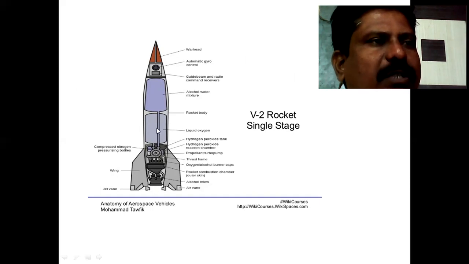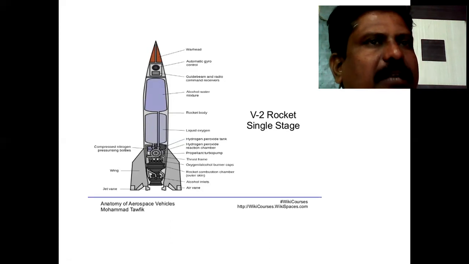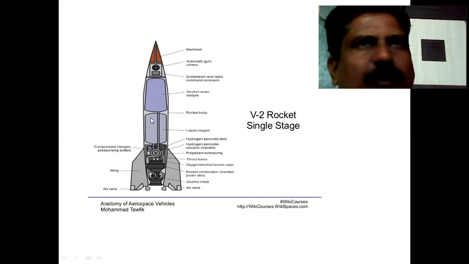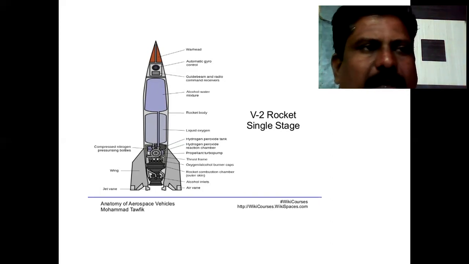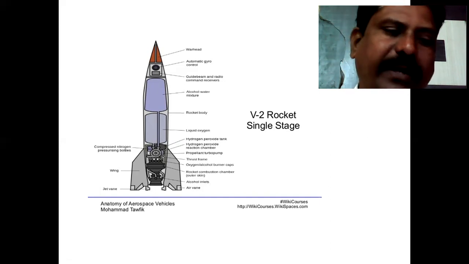Due to the burning of fuel, the gas is ejected in this direction. When the gas escapes at this end, it provides thrust to the rocket, so the rocket propels in the opposite direction.